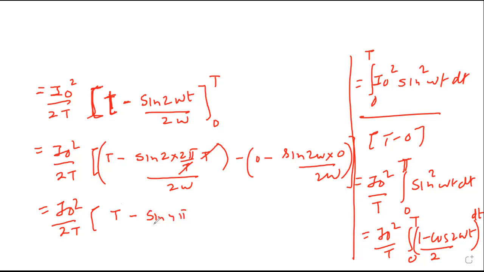Sine of 4 pi upon 2 omega, this whole thing will become 0. That is I naught square upon 2t into t 0 minus 0.